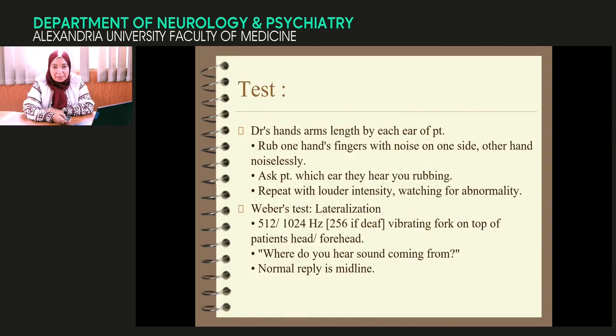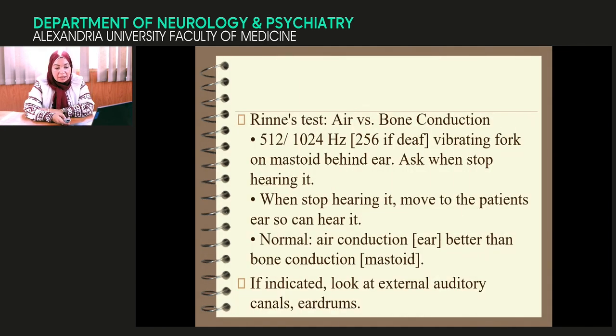Here we examine by rubbing fingers near the ear of the patient and comparing. Rubbing fingers here, and comparing. This is a rough method. To be more sophisticated, if I suspect a decrease in acuity, an auditory problem, I must send to ENT for specialized tests, Weber test, Rinne test, and if indicated, look at the external auditory canal and eardrums.